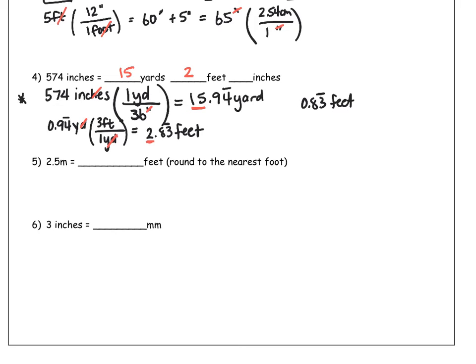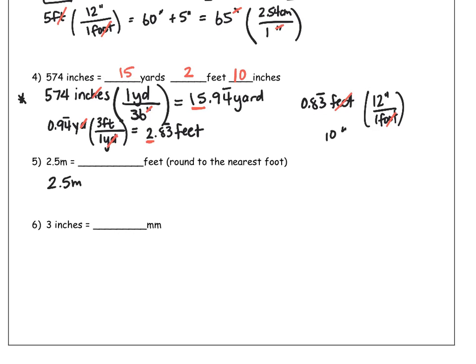And now I'm going to go into inches, and I know that 1 foot has 12 inches. So that'll cancel away. And when I do that, it comes out nicely to be a straight up 10 inches. So I know that I have 15 yards, 2 feet, and 10 inches. Okay, so you start with your biggest unit and work your way downward, taking the decimal and carrying it forward to each step.